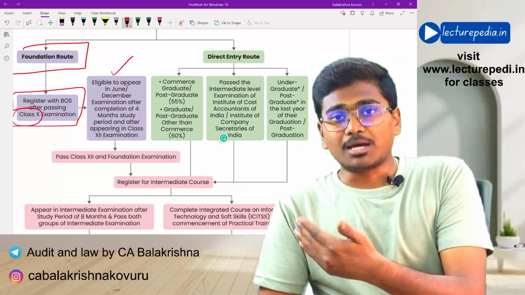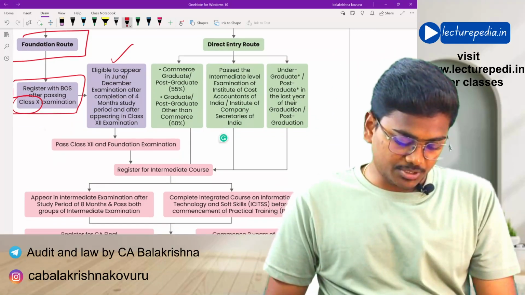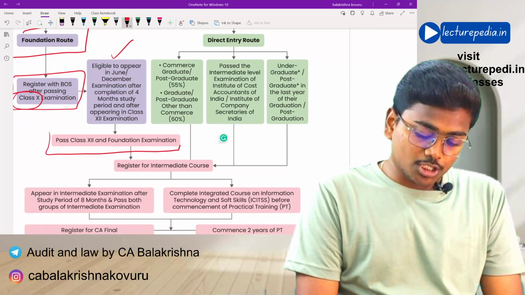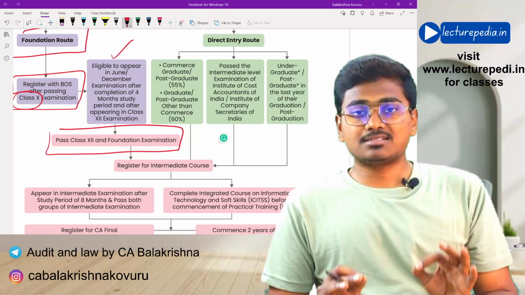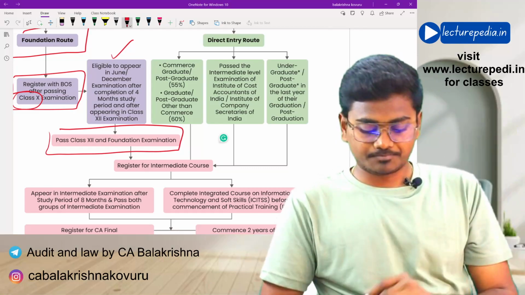This way you can appear in and clear your foundation examination. By this, you have completed the first stage of the CA course through the foundation route.